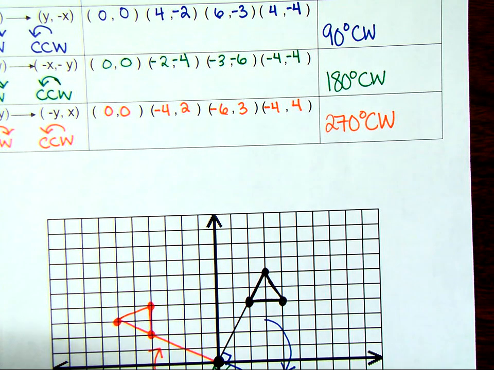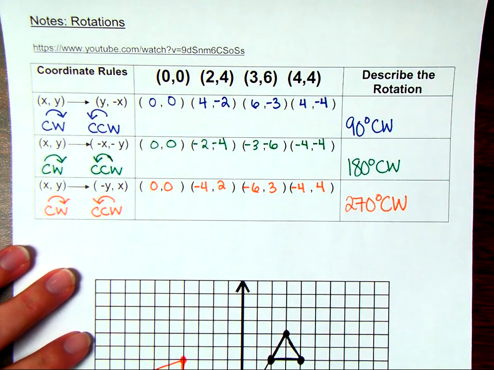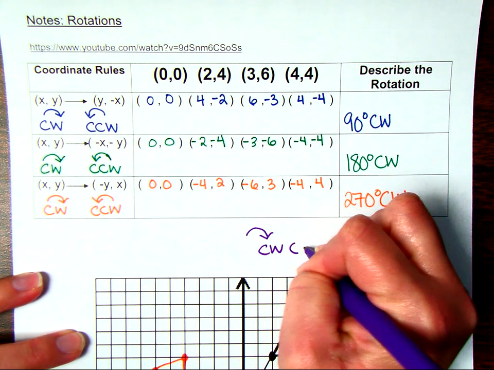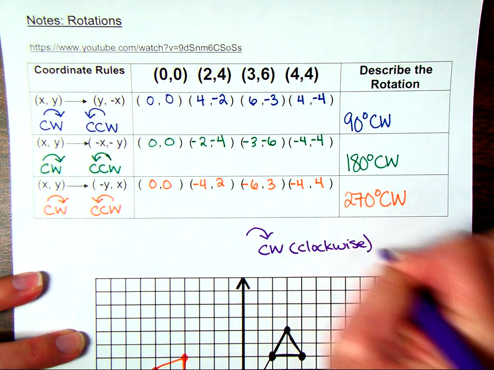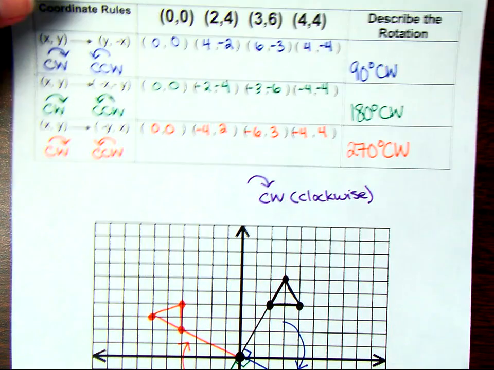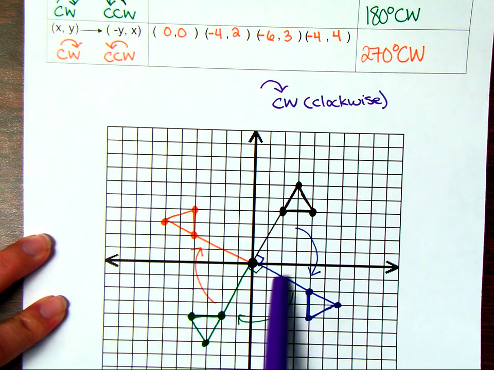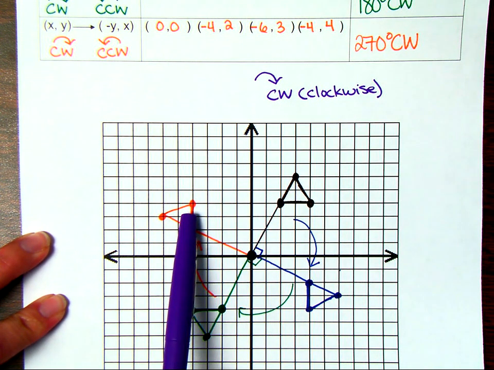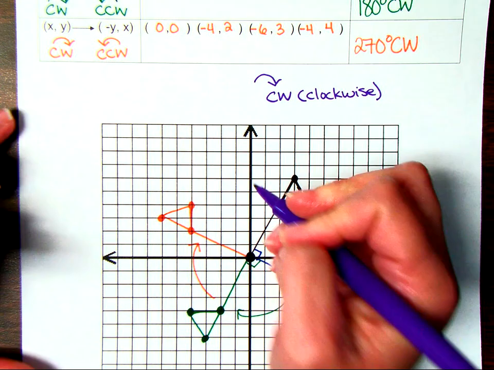Okay, so a couple things here before we move on. So if we went clockwise, I just write CW for clockwise. Let's think about if we can go another way. Well, I could have started here at quadrant 1 and gone one rotation 90 degrees clockwise, or I could have gone 1, 2, 3 times in this direction.